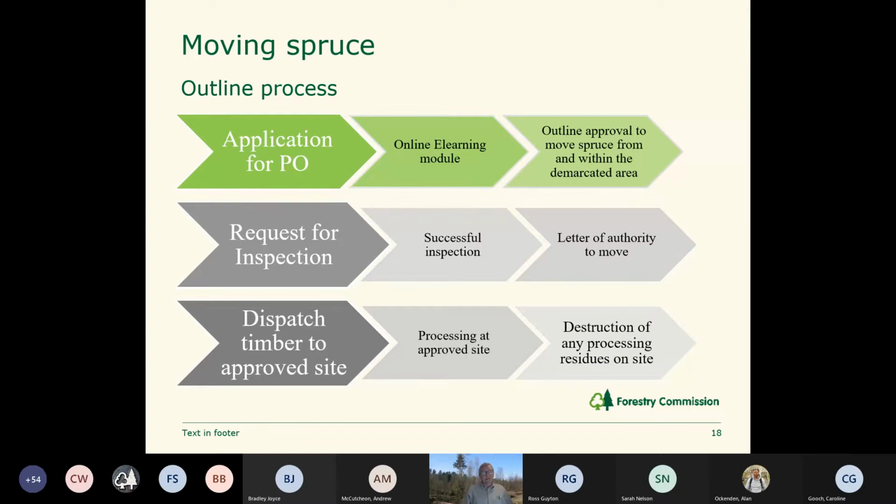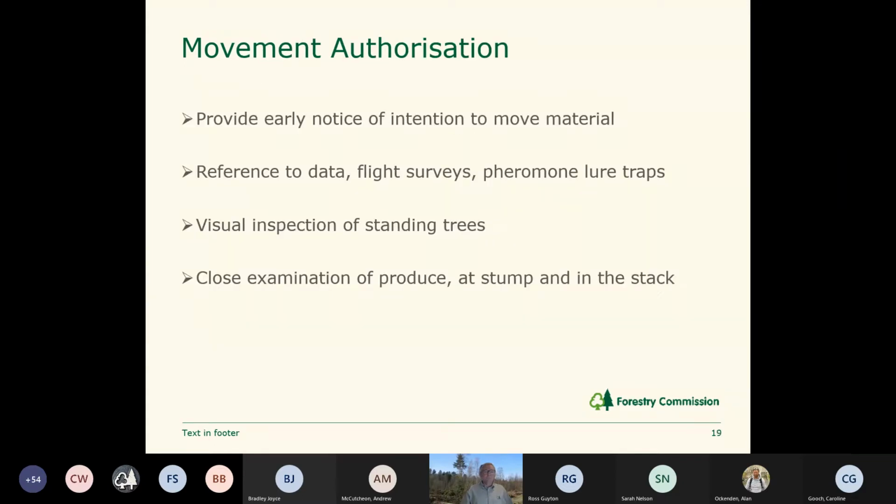The processing or destruction must take place at the approved site, together with any residues arising from that processing. The movement authorization really provides us with an early intention of the movement of material.